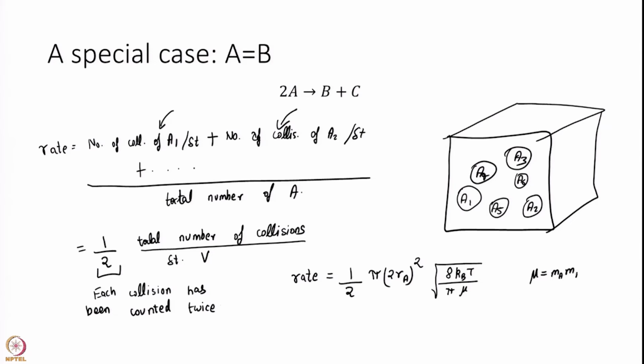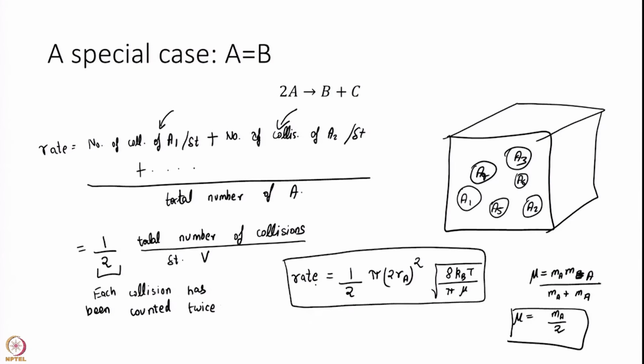Mu is Ma into Mb over Ma plus Mb, but B is nothing but A. So, this becomes Ma over 2, for A with A. So, always remember this factor of half when you are looking at a bimolecular reaction where A is colliding with itself.